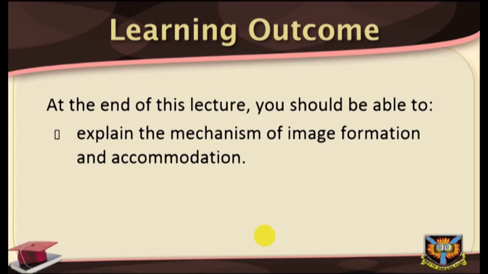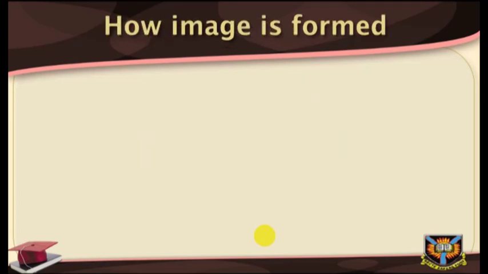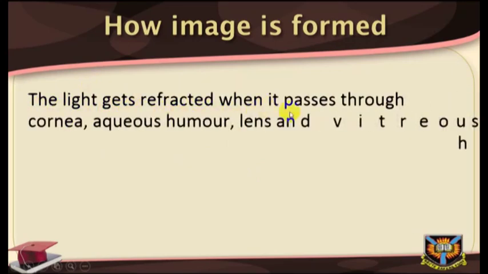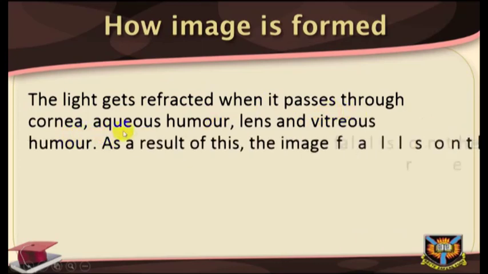Content. How image is formed. The light gets refracted when it passes through the cornea, aqueous humor, lens, and vitreous humor. As a result of this, the image falls on the retina. But when we look at a near object, its image will be formed behind the retina.